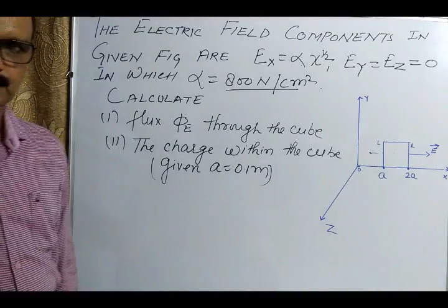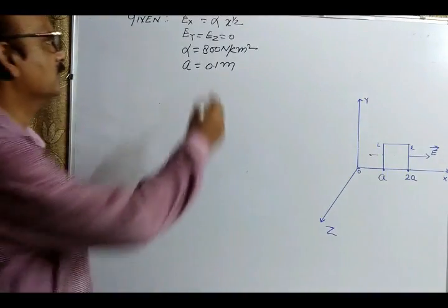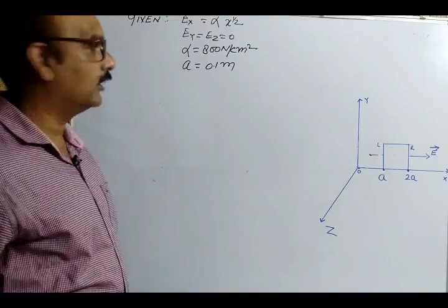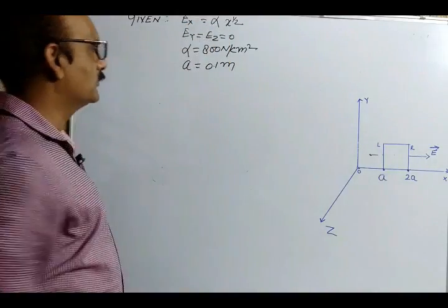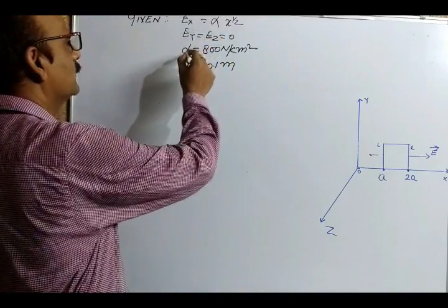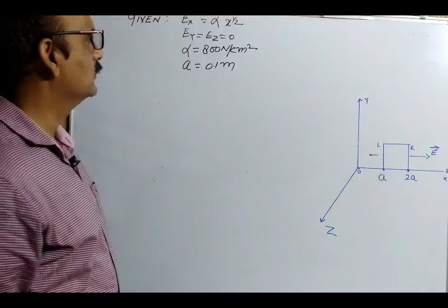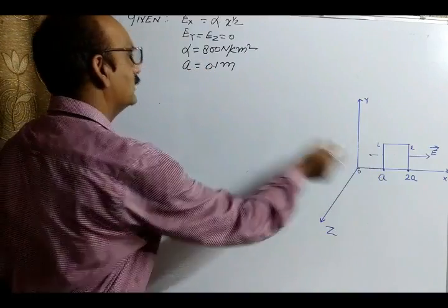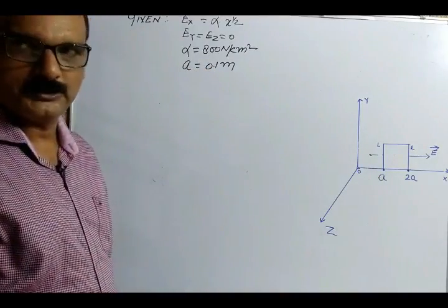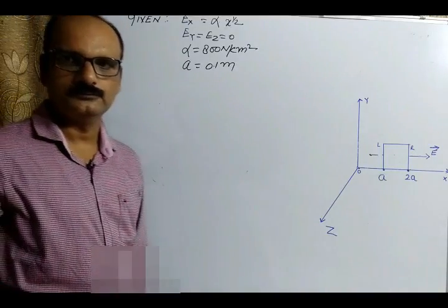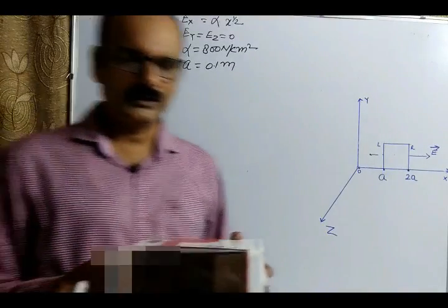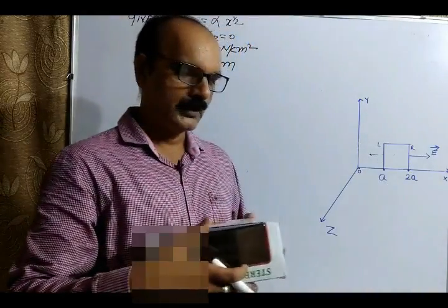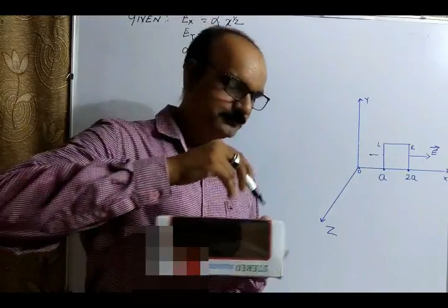Okay. Now, in this question, what is given? Electric field along x-axis, alpha x to the power half, Ey equal to Ez equal to 0, the value of alpha is 800 Newton per coulomb meter square, and the value of this A is 0.1 meter. Now, consider this cube which is placed here, and electric field is along x-axis.